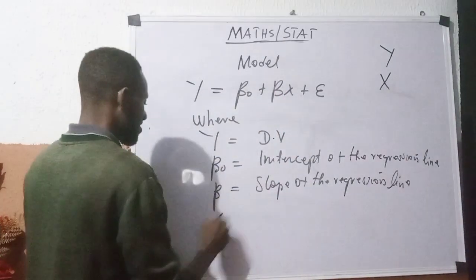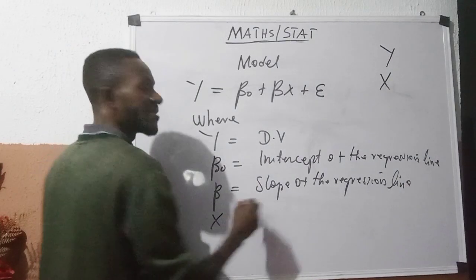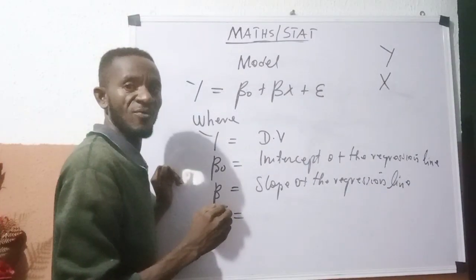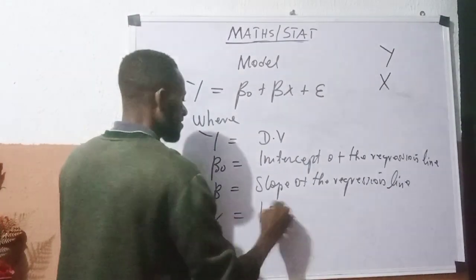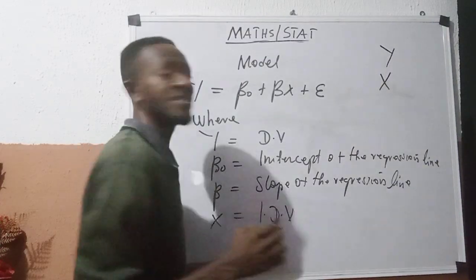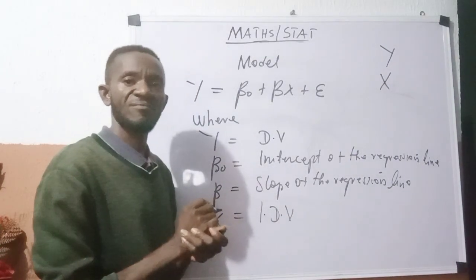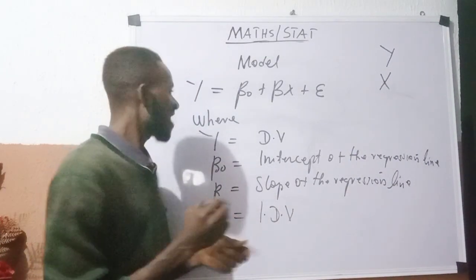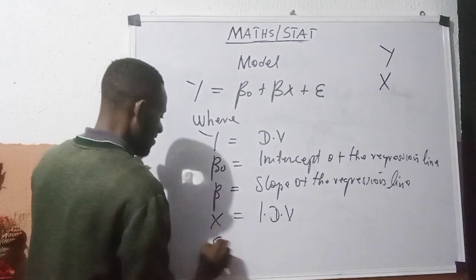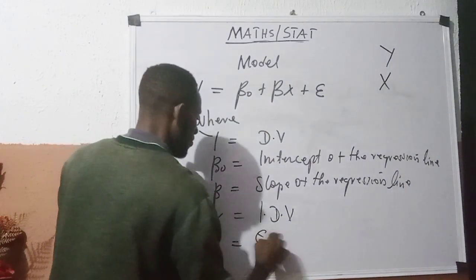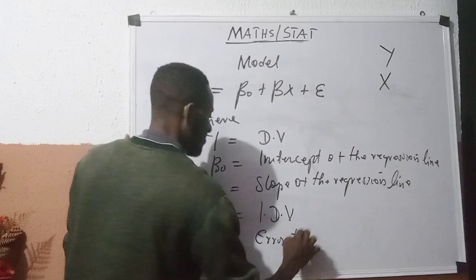Then this my X here, of course, is the independent variable. Permit me to write IDV, independent variable. And then this my E is what we call the error term.